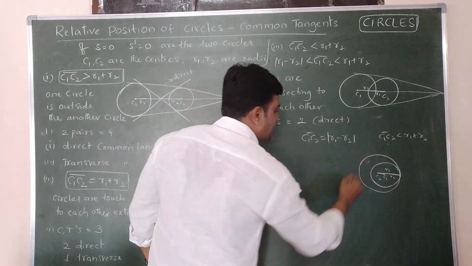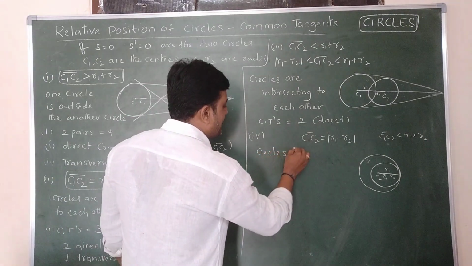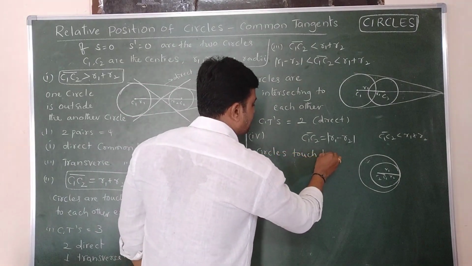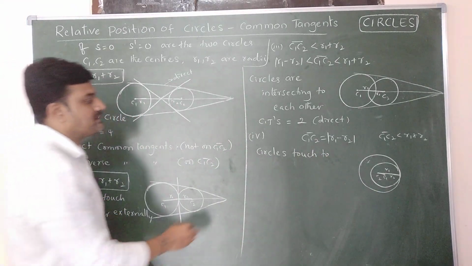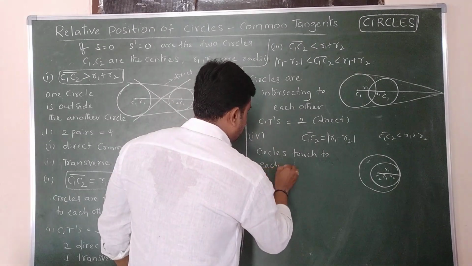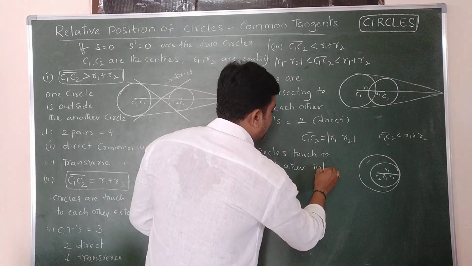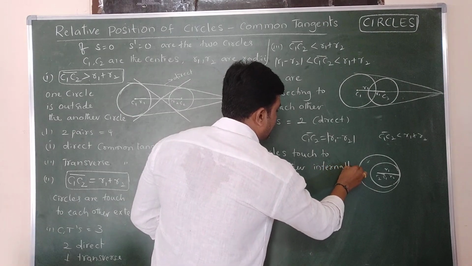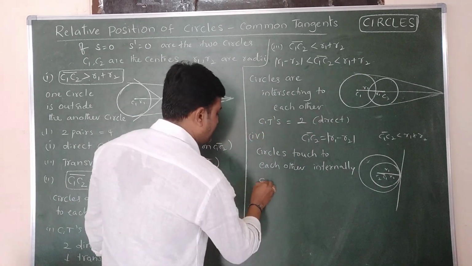Now here the circles touch each other internally. Here we have only one common tangent.